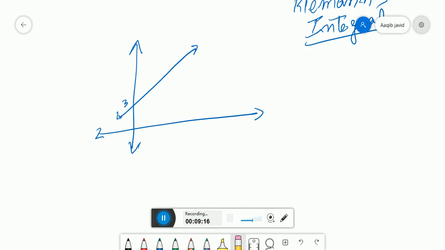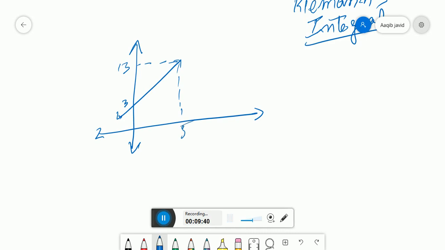Y-intercept of 3, and its rise goes up to 13, and at x it will be equal to 5.